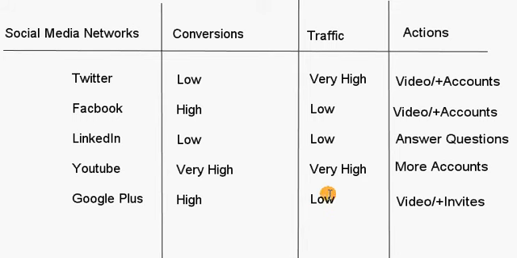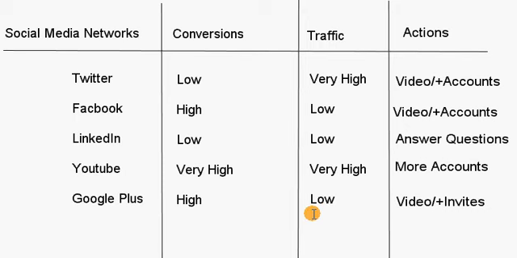Now the traffic is low simply because all of my Facebook friends are in Facebook, and they're not really interested in Google Plus. Even though Google has kind of forced it down their throats, they're like, I already have Facebook. I don't know about this Google Plus thing. So the traffic is kind of low, and having to post in two networks is kind of annoying. So it's kind of hard to get the traffic.